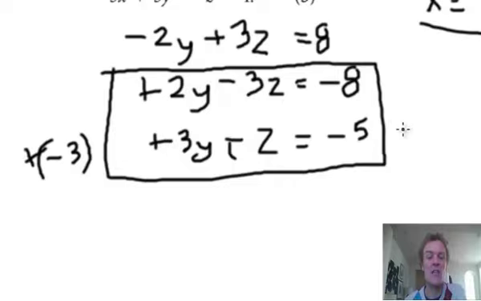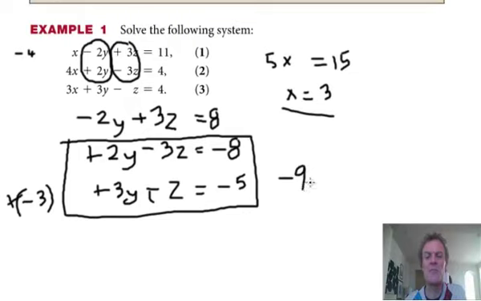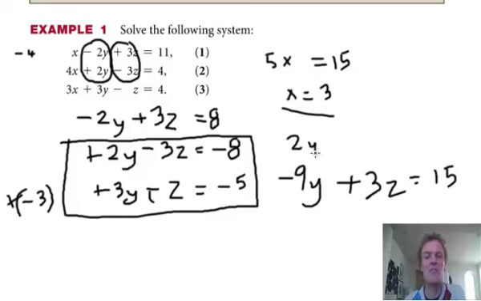So this equation here becomes -3 times 3y, -9y. -3 times -z is positive 3z. And -3 times -5 is positive 15. Remember, this one is just the same. I haven't changed this. The reason why I did it, look, is to get rid of the z's.